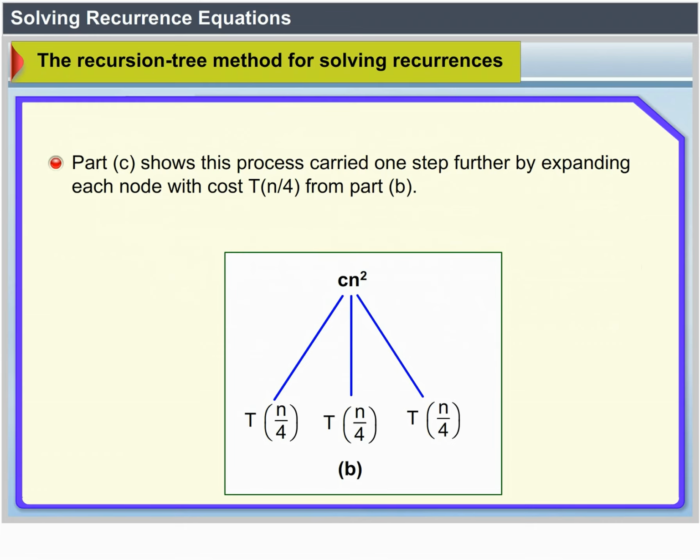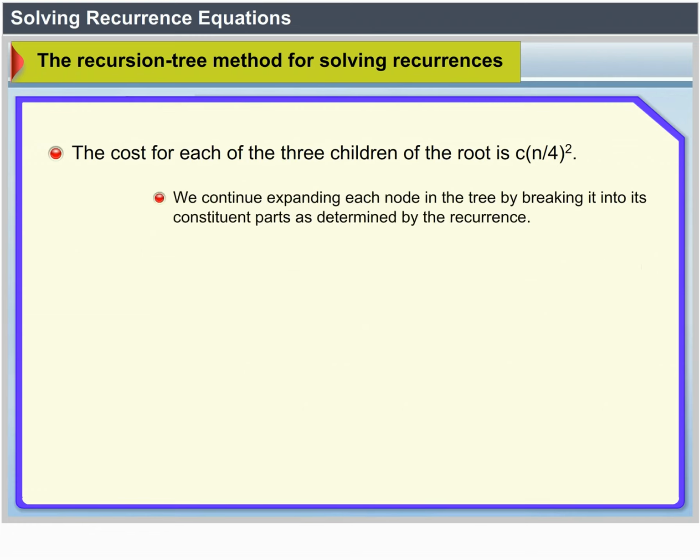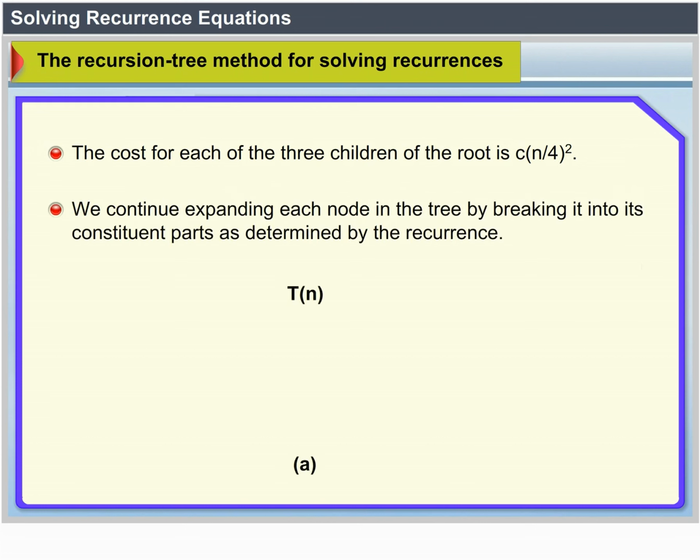The cost for each of the three children of the root is c(n/4)². We continue expanding each node in the tree by breaking it into its constituent parts, as determined by the recurrence.